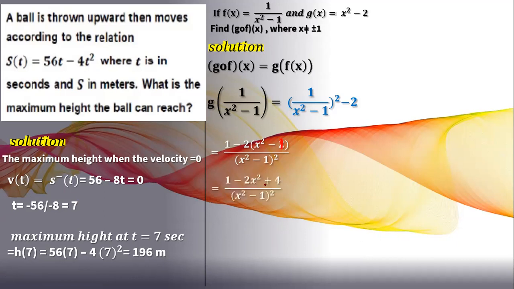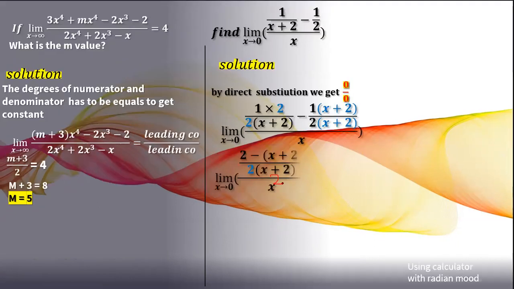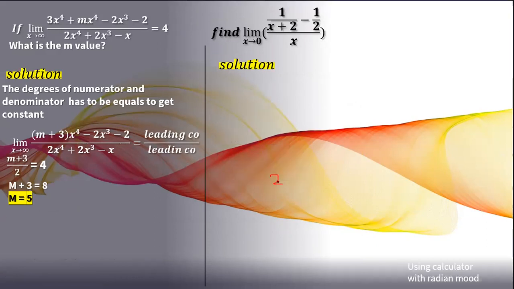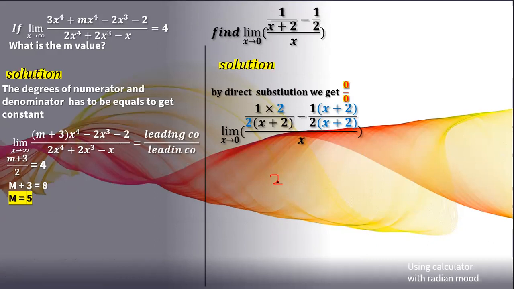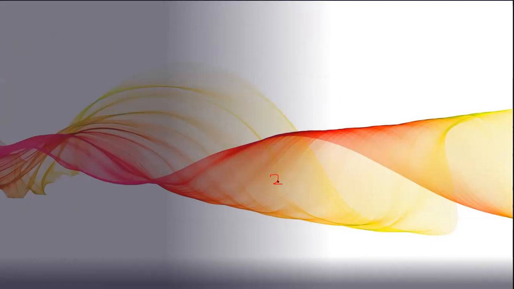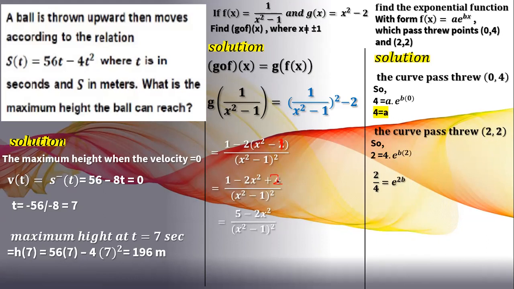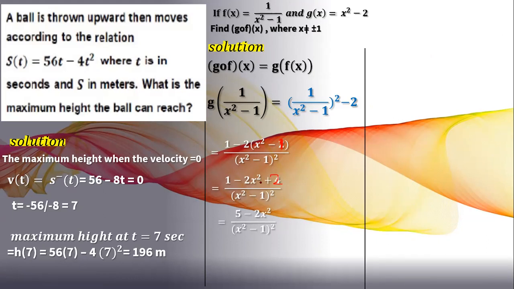Now we will get 2 here. Sorry. Now we will get 1 minus 2x squared plus 2. 1 plus 2 is 3.